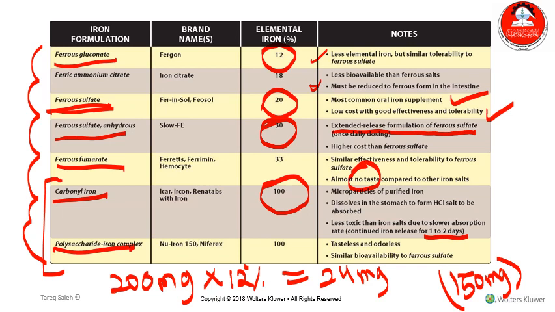And lastly, polysaccharide iron complex also has 100% elemental iron and has no taste or odor completely, but it has similar bioavailability as ferrous sulfate. So depending on the case that you are treating, you will choose the best available therapy. Of course, here cost plays an important role because, as we said, you will require months of treatment with elemental iron, which means the patient will consume a fairly large amount of the drug. So you have to pay attention to the cost of therapy.